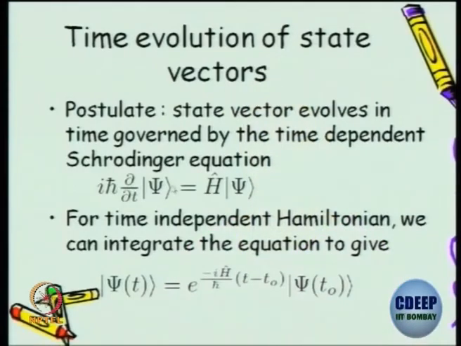If you go from t to t naught, it becomes the inverse of the operator, and you can show some of the properties, and those properties will tell you what is the nature of this time evolution operator. This is the Schrodinger equation which gives you the evolution of the state vector, and it depends on the Hamiltonian of the system. If the Hamiltonian has no time dependence, then I can do this, and this piece is what we call a time evolution operator.